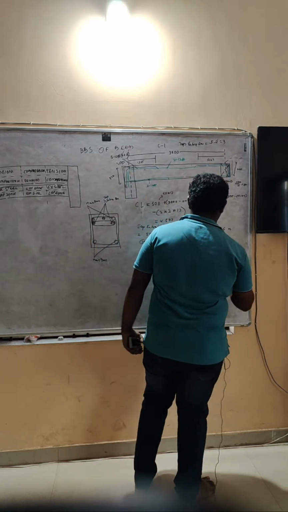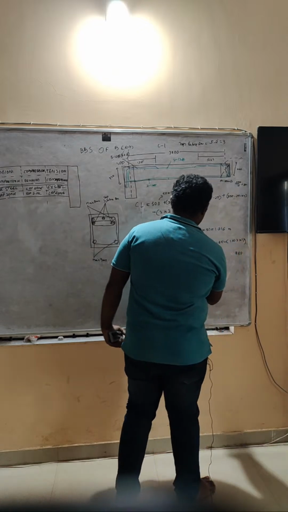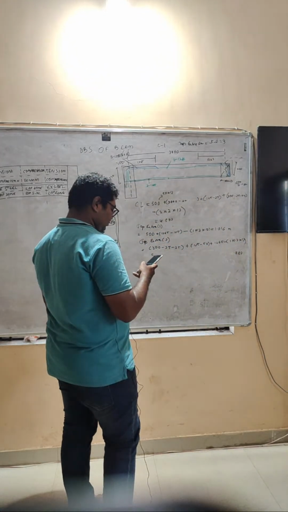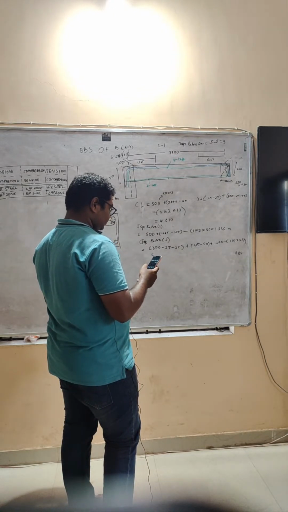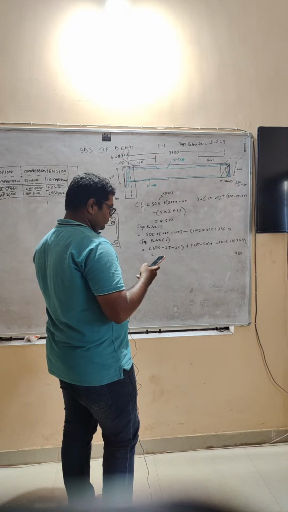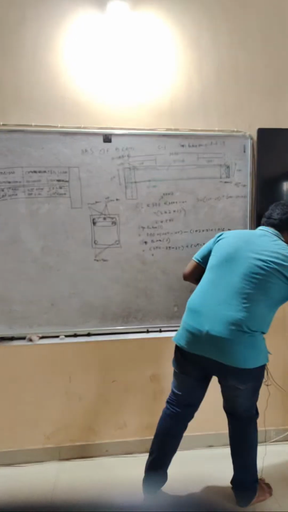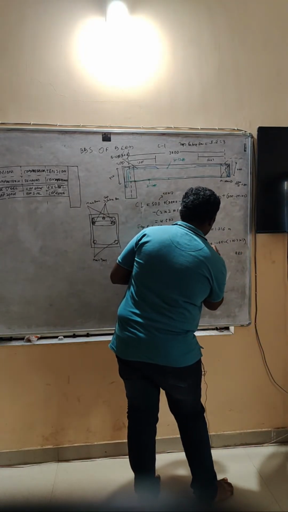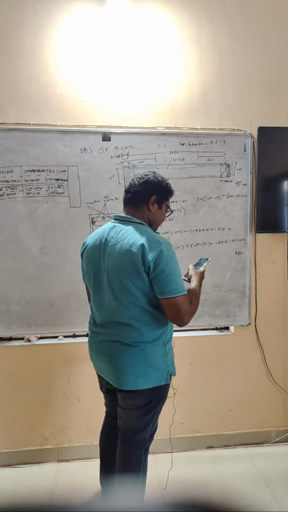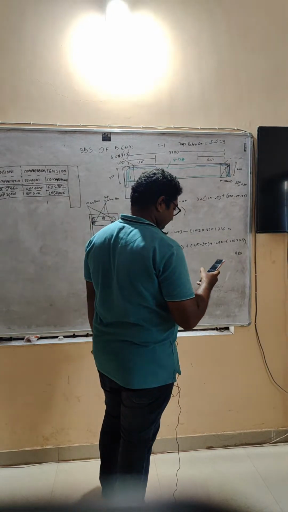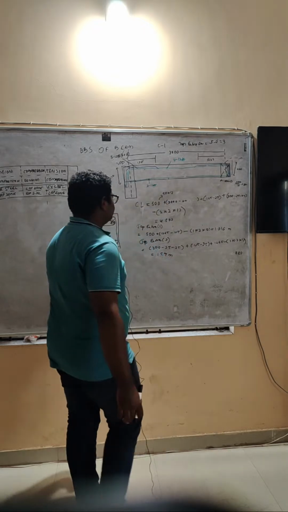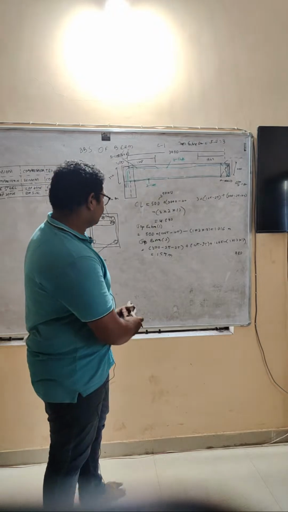Then we deduct the bend, that is 2 into 12. That is 1.59 meters.